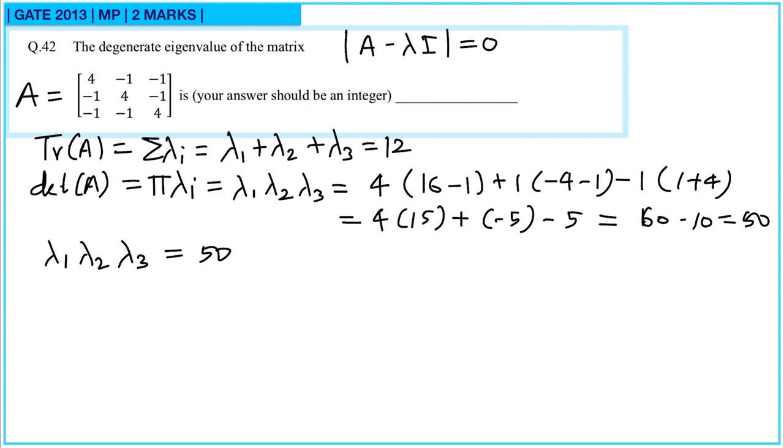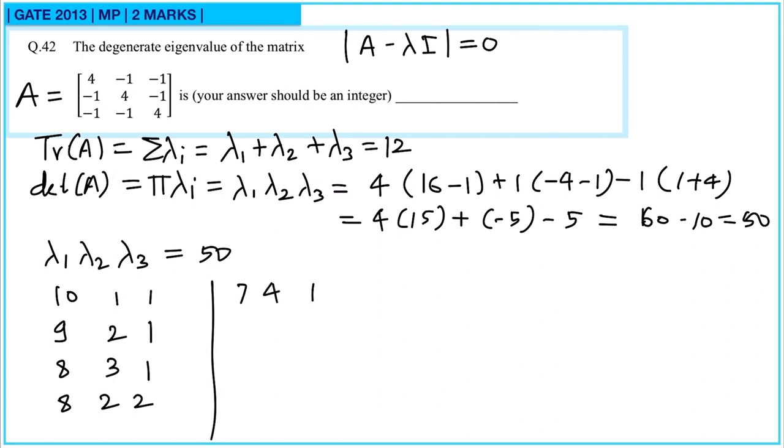Now these are degenerate eigenvalues and their summation is 12. So if I start with 10, then we have 10, 1, 1. Now the addition is 12 but their multiplication is not 50. So let's try the next combination. 9, 2, 1: 9 twos are 18, this is also not possible. Or 8, 3, 1, or we can check 8, 2, 2. For these cases also the multiplication is not 50.